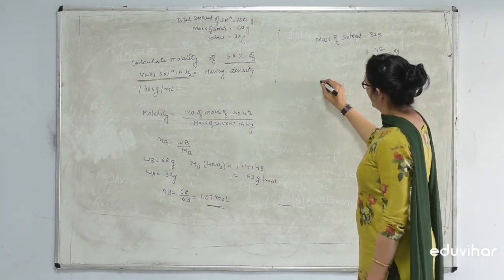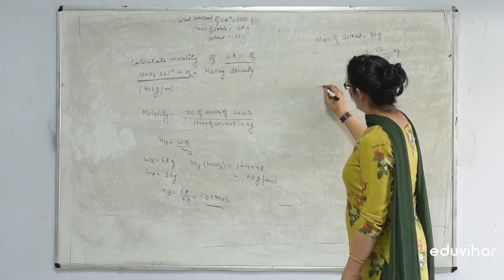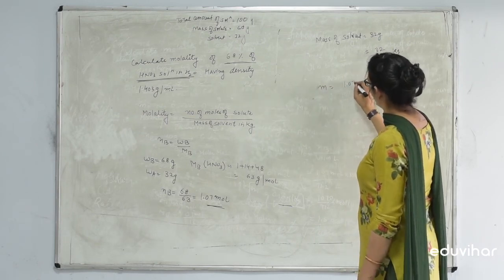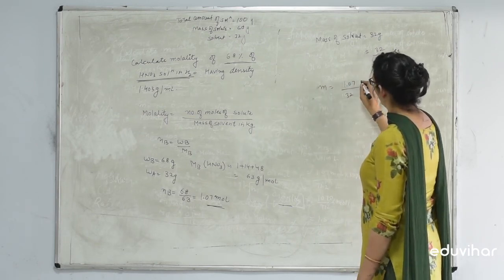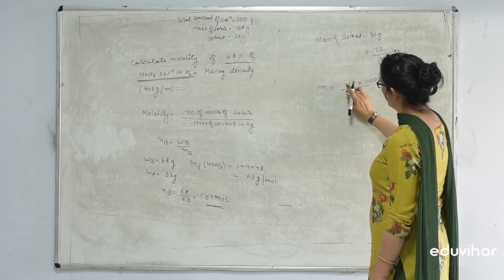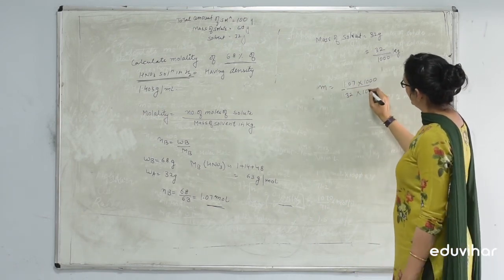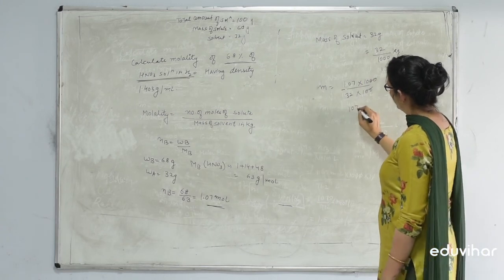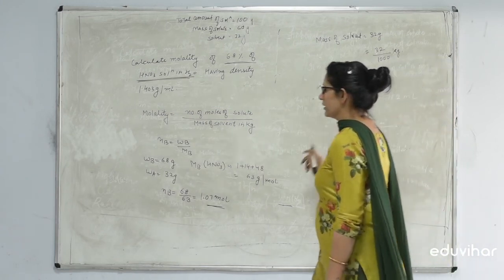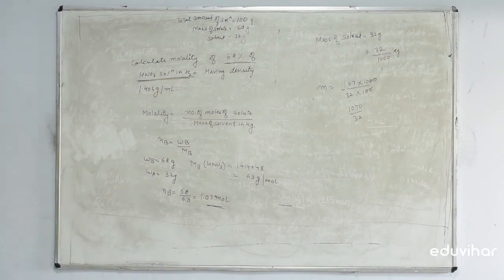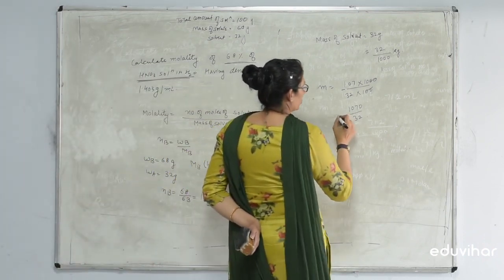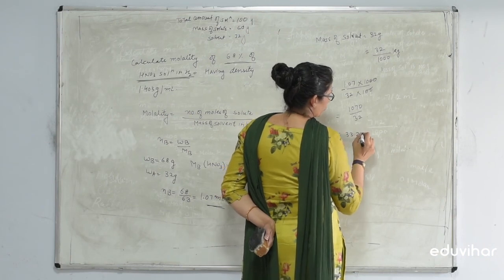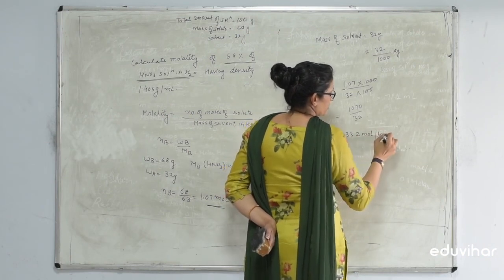Clear? Then molality m is equal to 1.07 divided by 32 over 1000. To remove the point, 100 cancels out, divided by 32. Calculate the molality, that is equal to 33.2 mole per kg.